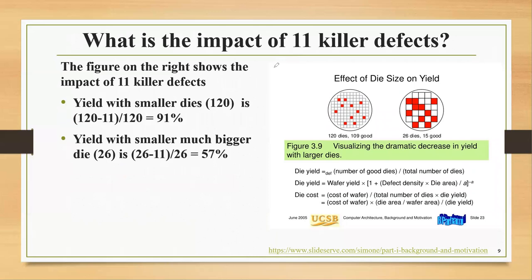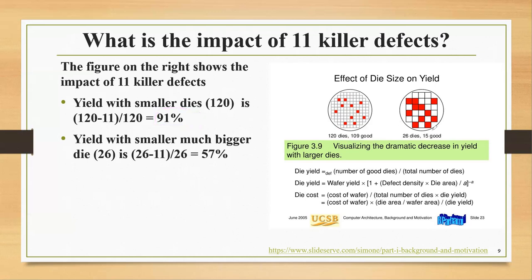For example, the question of this page is: what is the impact of 11 killer defects? On the right side of this graph, I have 120 dies, and then I have 11 defects here. This means that I have 109 good dies, so the yield is 91%.